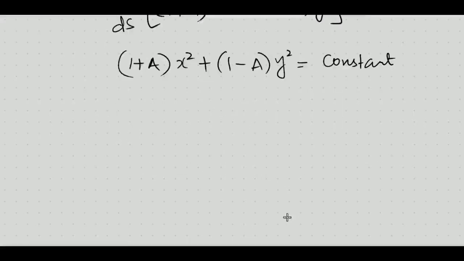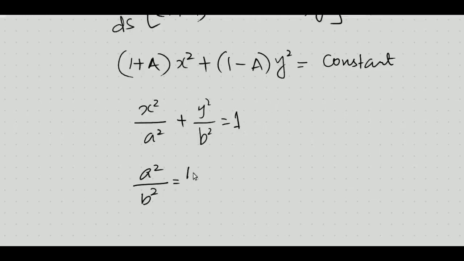This equation can be written in the form x square by a square plus y square by b square is equal to 1. These two equations are identical if a square by b square is equal to 1 minus a divided by 1 plus a.